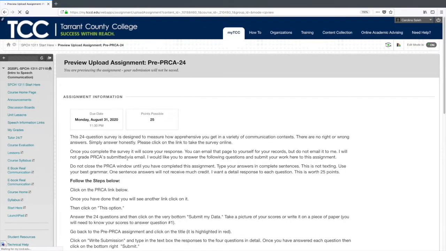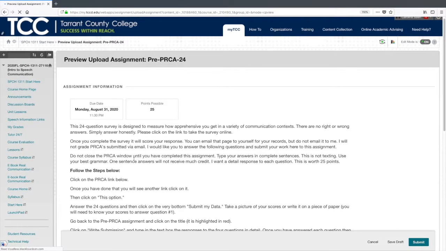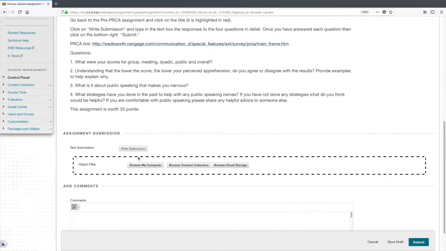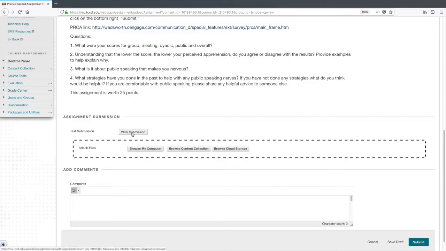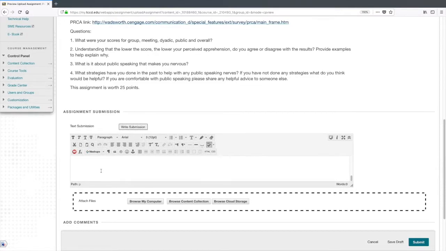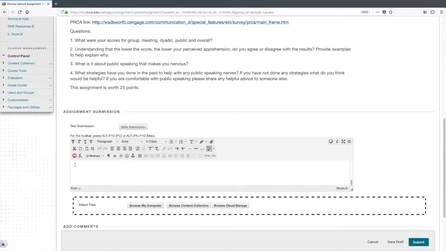You click on the assignment. And what you're going to do is right here on Write Submission, you're going to click on that. And right in here, you're going to answer these 4 questions. So this is after you complete the survey.